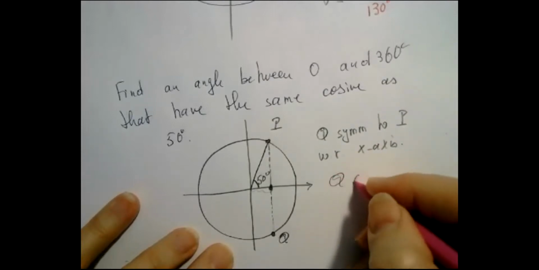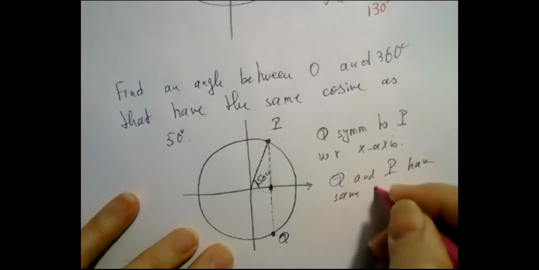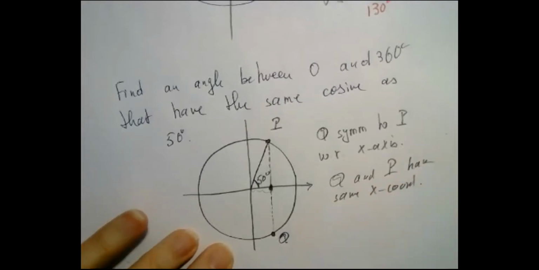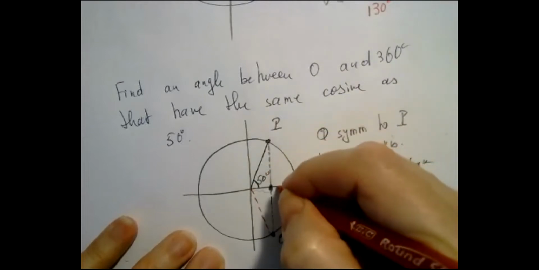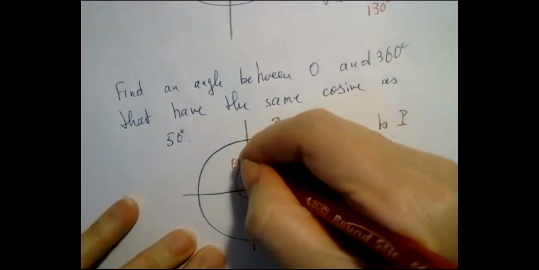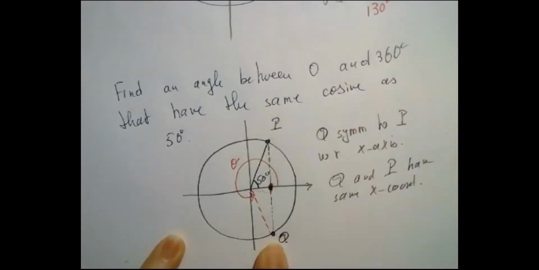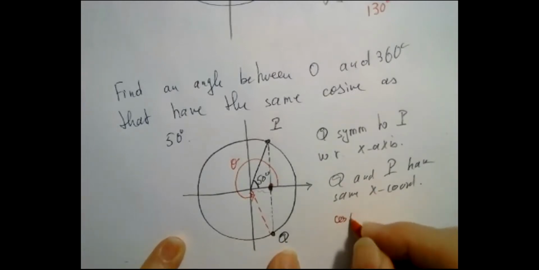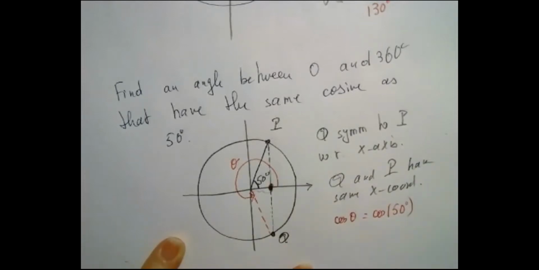Q and P have the same x coordinate. Now I'm going to look at the angle which is formed by that. So this is the angle theta. The cosine of theta and the cosine of 50 are exactly the same, because P and Q have the same x coordinate.